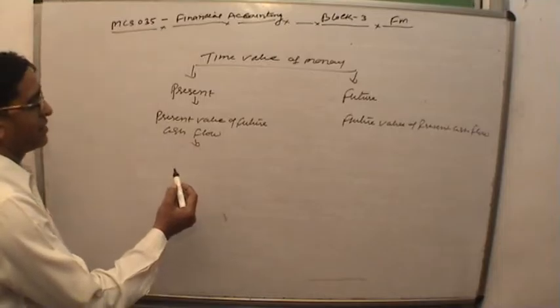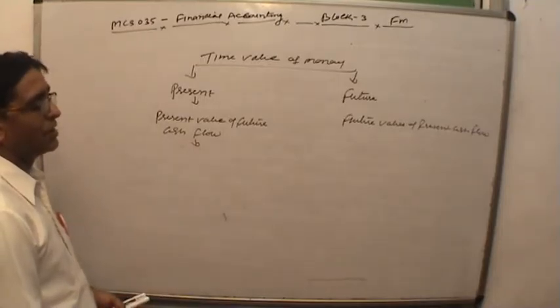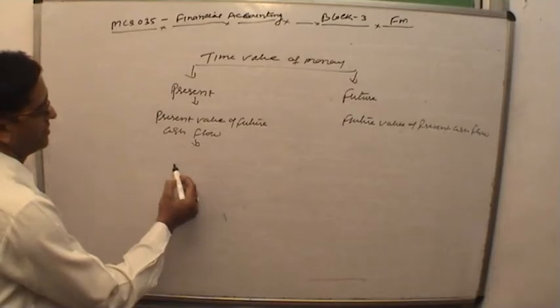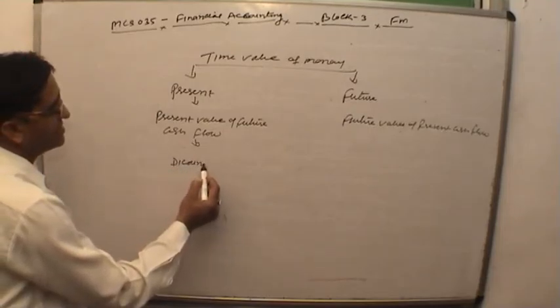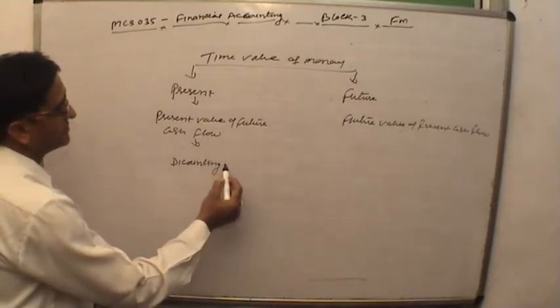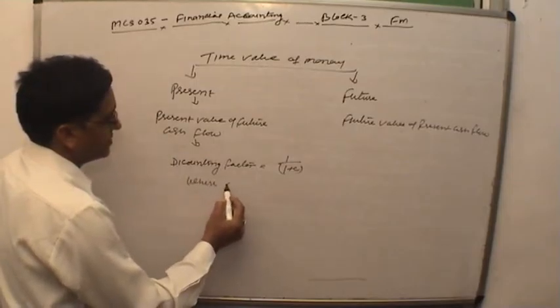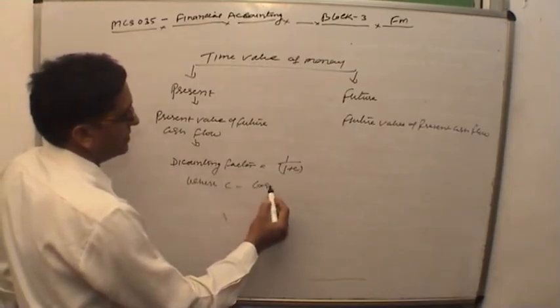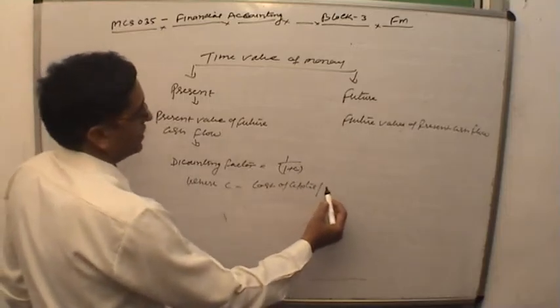So we calculate the present value of future cash flow by using a formula called the discounting factor, equal to 1 divided by (1 plus C), where C is the cost of capital or rate of return.